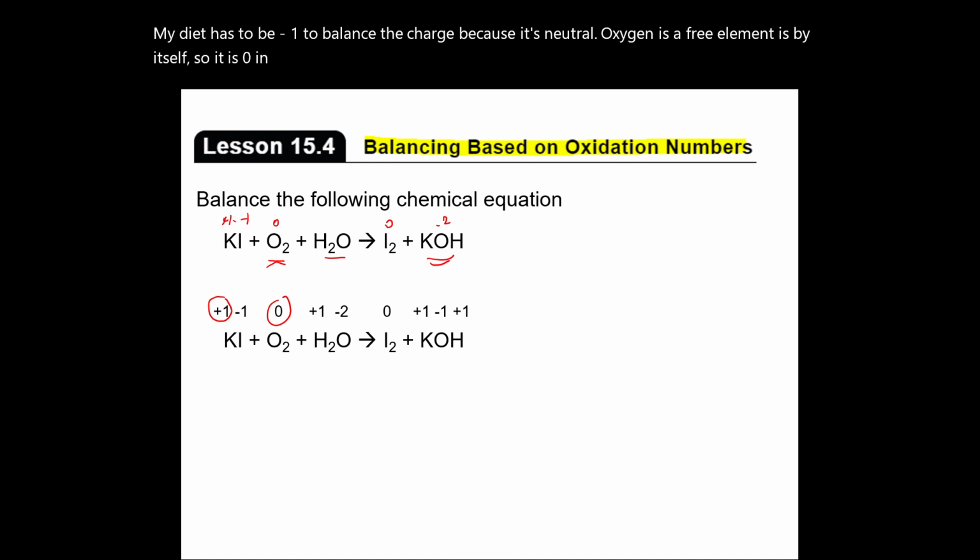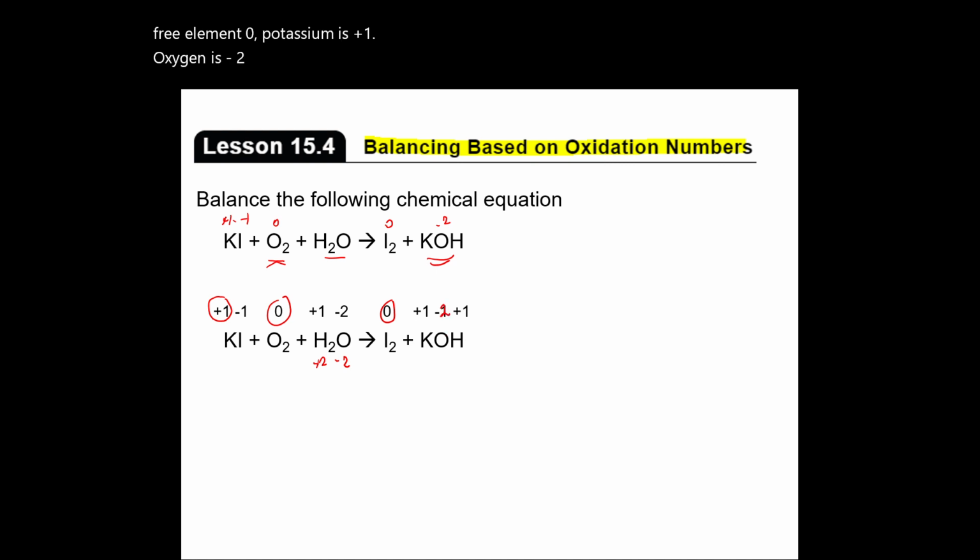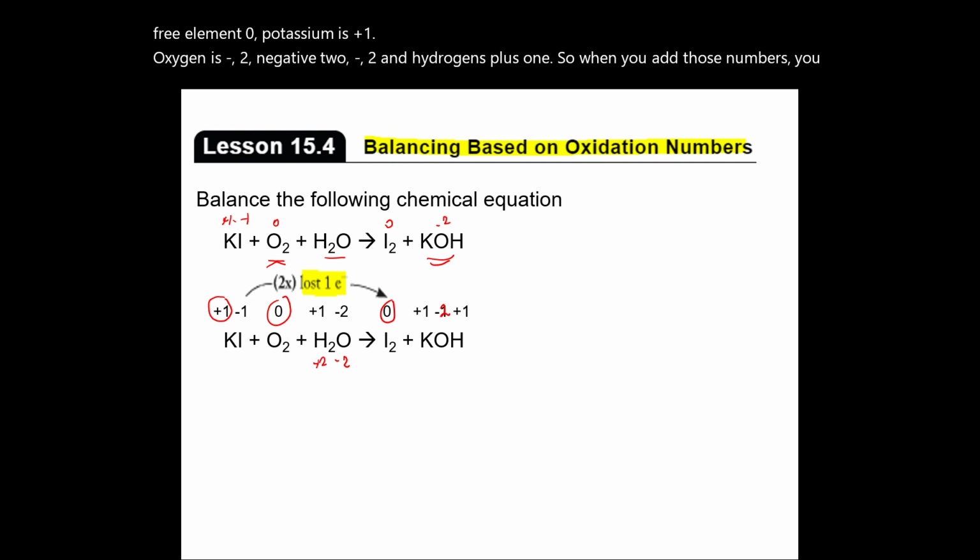In water, +1, -2, so total this is +2, -2, so they balance at 0. Iodine is a free element, 0, potassium is +1, oxygen is -2, and hydrogen is +1. So when you add those numbers, you come up with 0.